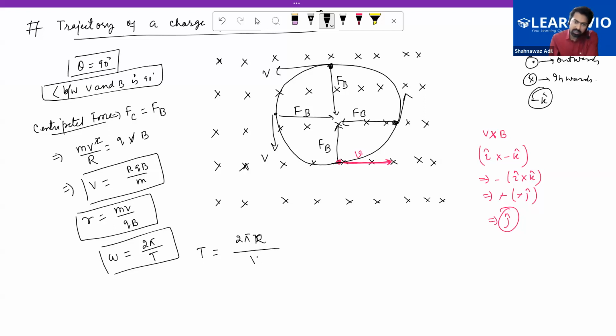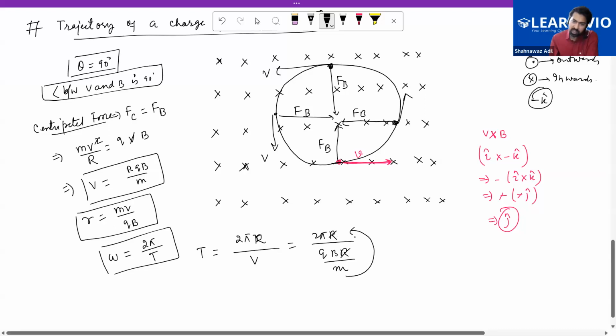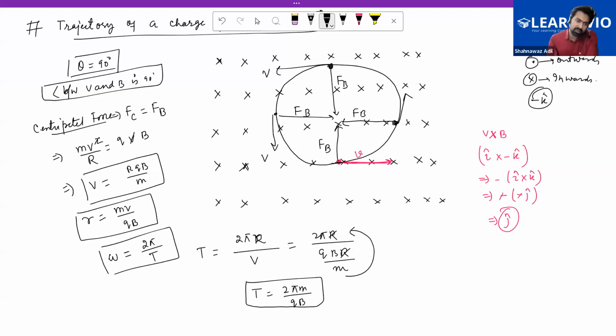Velocity is qBr by m. So r will cancel, this m will go upstairs, and the time period would be 2 pi m divided by qB. So this is the time period, and then we can calculate the angular velocity as well, 2 pi by T. So that would be qB by m.